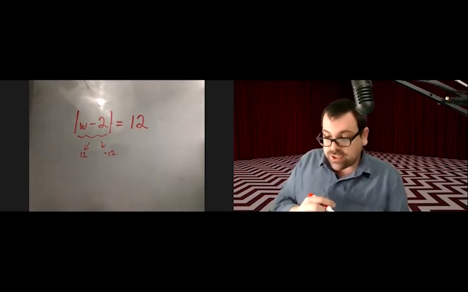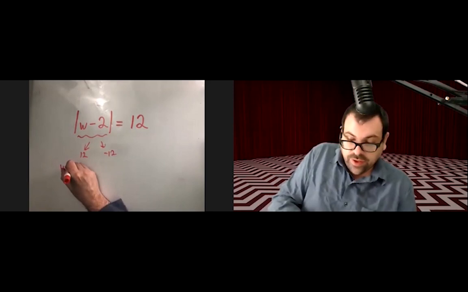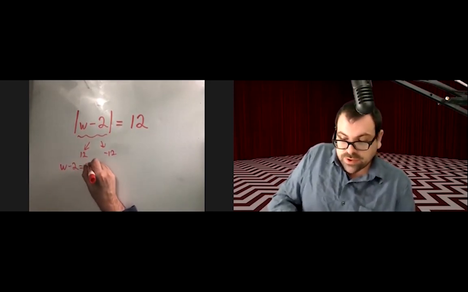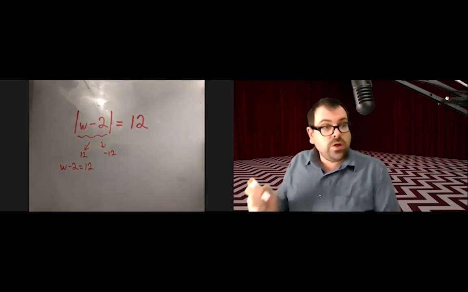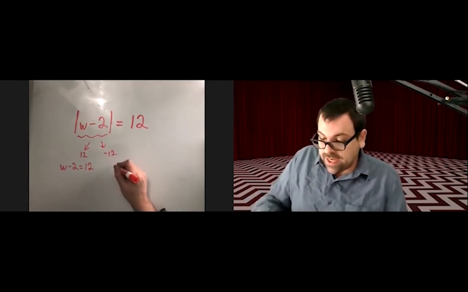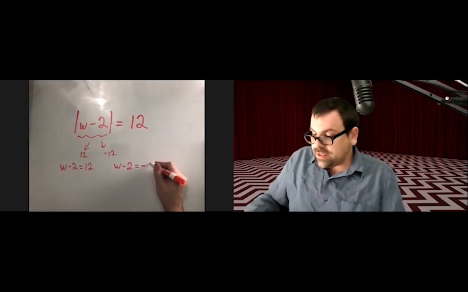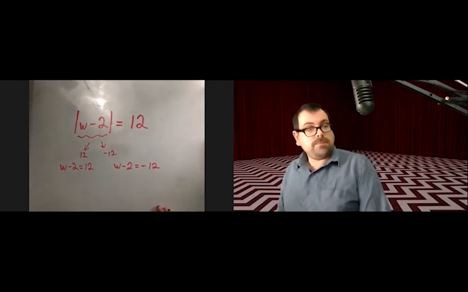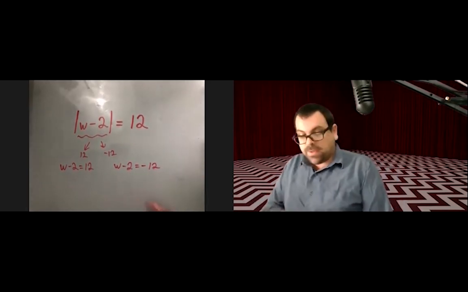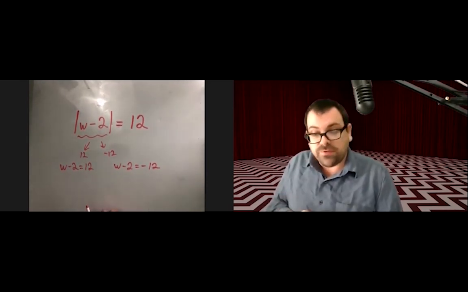So that's 2 equations. Either the thing inside equals 12, or the thing inside, w minus 2, is negative 12. And then we can solve both of these.